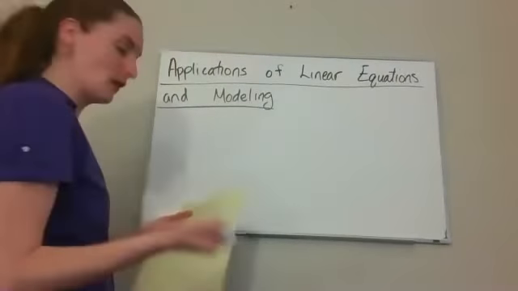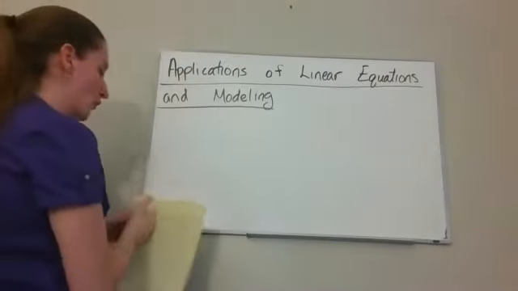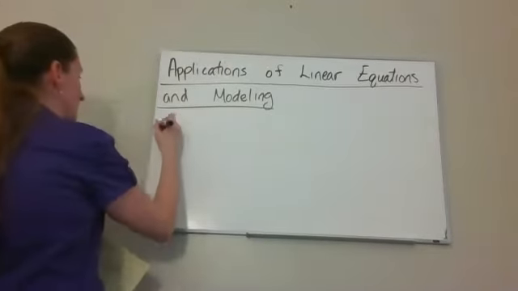So let's just start with a definition. Definition of the point-slope formula, which is also just called point-slope form for a line.